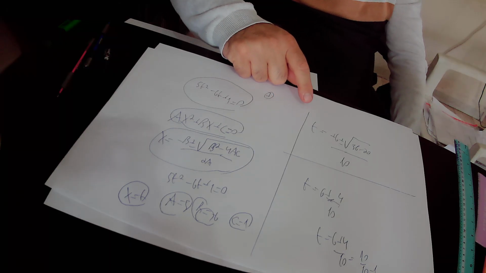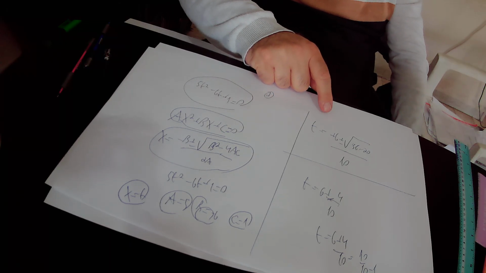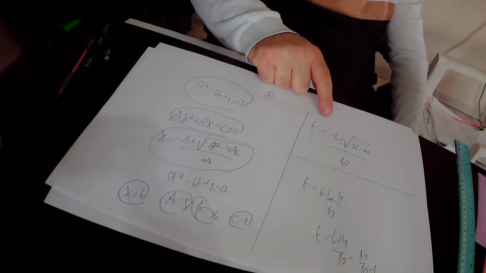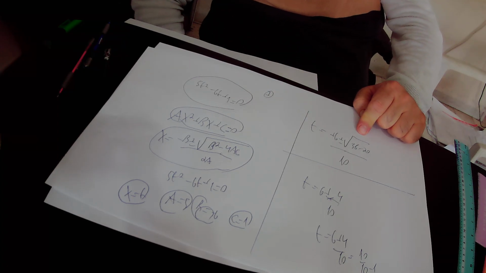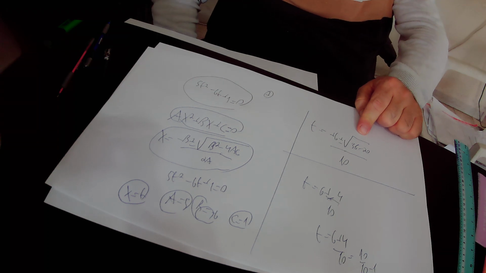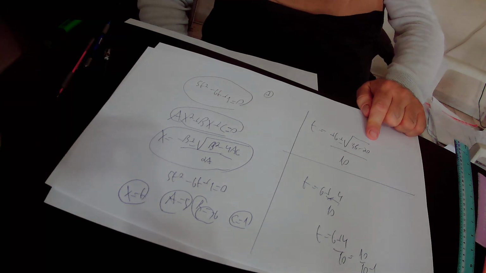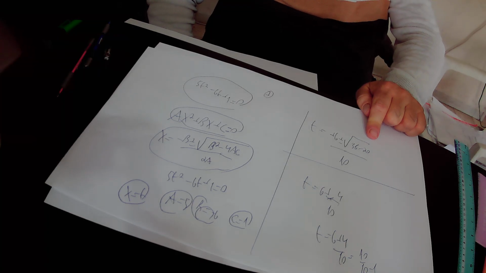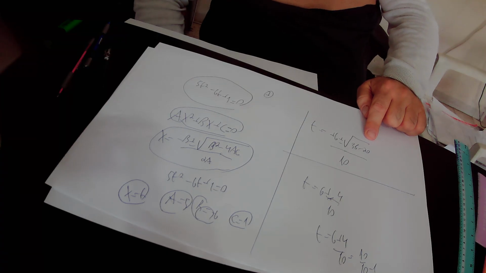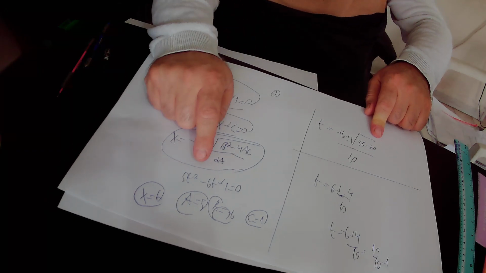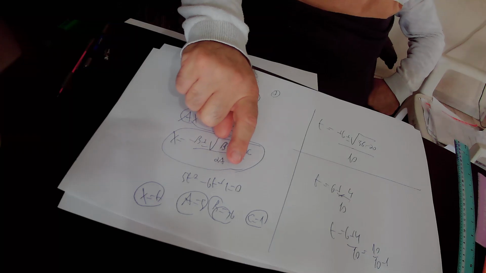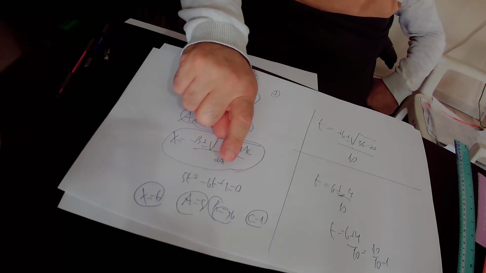So we did it. We found out that x equals t, and it equals minus b. b is minus 6, therefore minus b is 6, plus minus the square root of b squared. b is minus 6, therefore b squared is 36, minus 4 times a times c. a is 5, therefore minus 4 times 5 is minus 20, times 1 is minus 20.